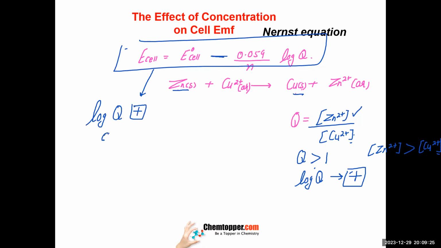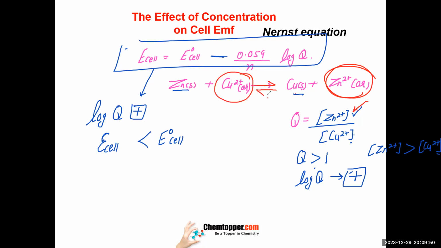It means the E cell will be less than E naught cell. You'll be getting less potential when the concentration of the product, the one in the numerator, is more than that of the reactant.